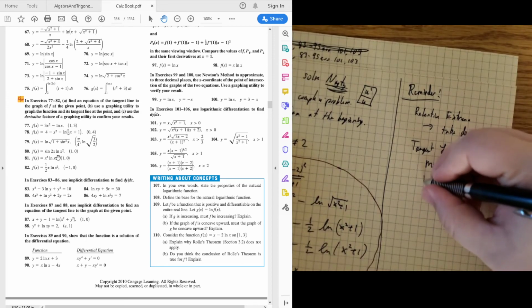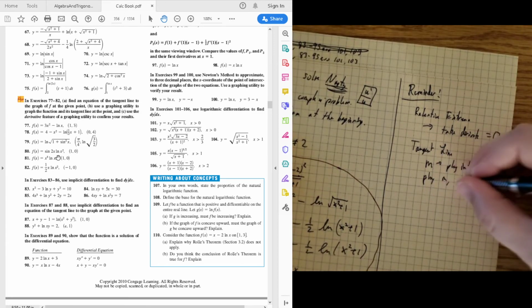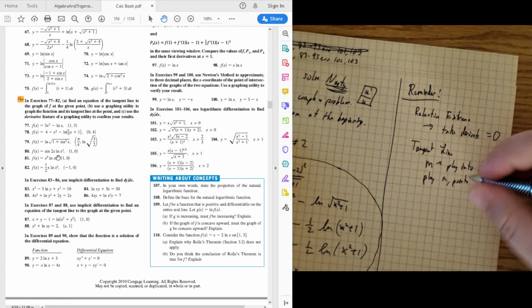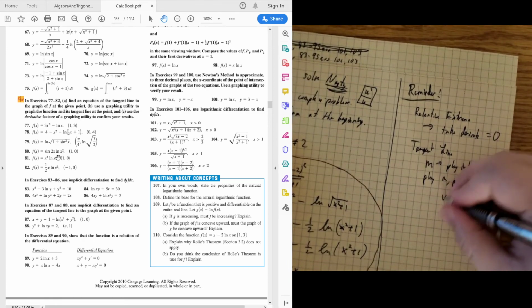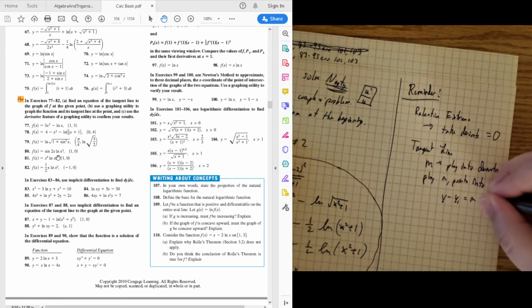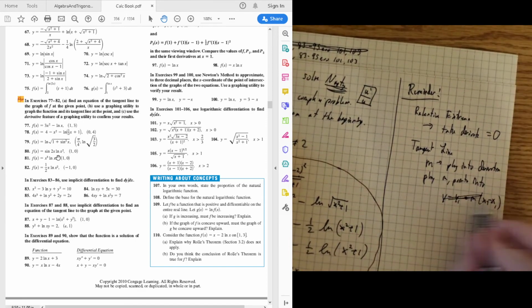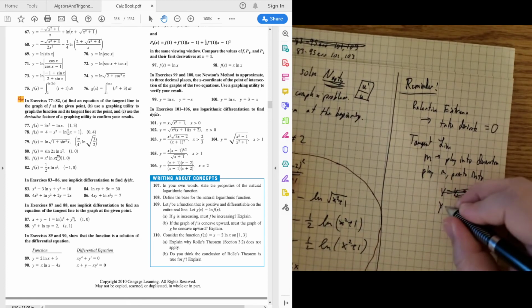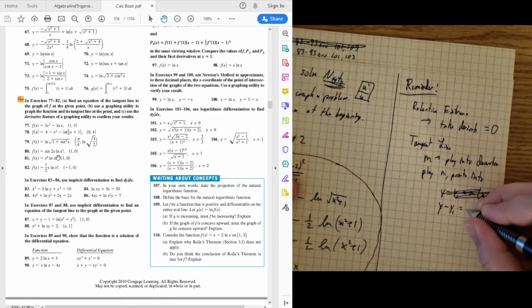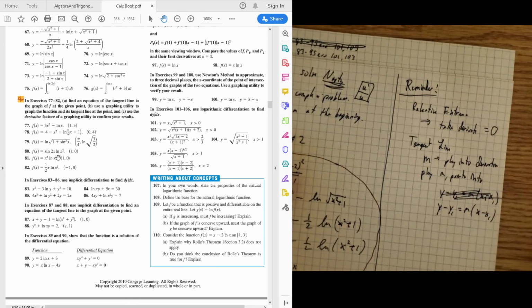And then you plug m and the point into y minus y1 equals m times x minus x1. That was awful. I'm sorry. y minus y1 equals m times x minus x1. This is all back from chapter 3. It's been a little while, but once you see a couple of them, it makes a lot of sense.